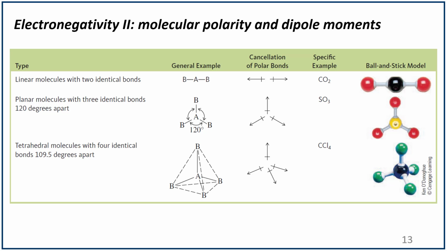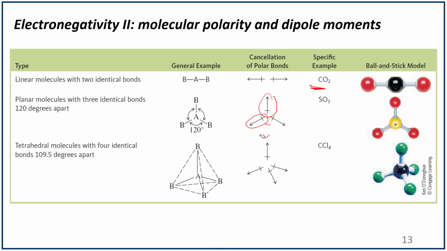If you have bonds which are similar to each other, let's say, for example, carbon dioxide, which we have discussed earlier, or sulfur trioxide, again, these are polar bonds too, but all 3 cancel each other out. This one and this one add up to a net dipole pointing downwards, and then this dipole is equal in magnitude to that resultant, so those dipoles cancel each other out.